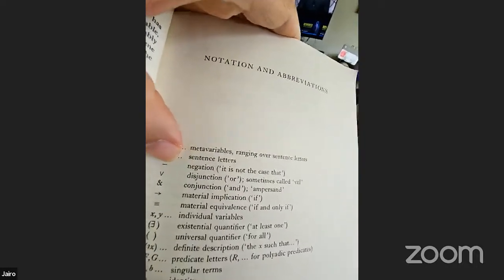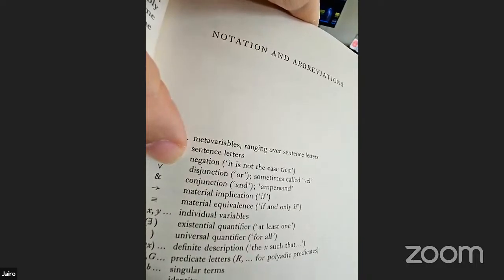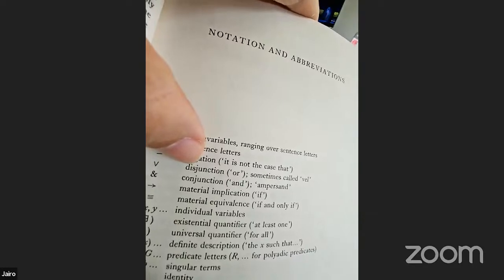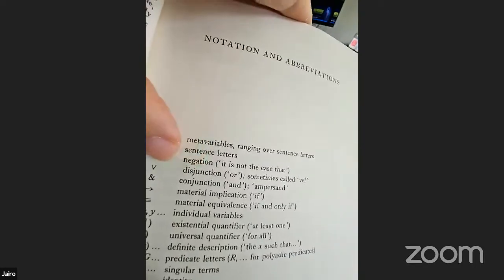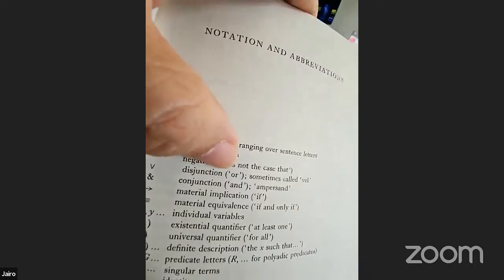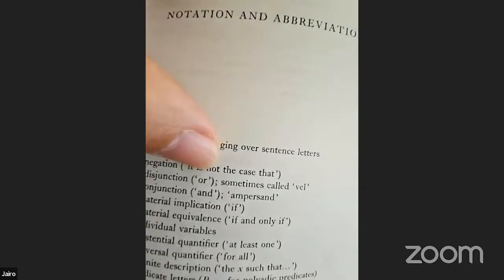With this symbol, negation. Then there's the symbol disjunction. So what is that? Oh, it's V for victory, and it means or. Disjunction, or sometimes called vel.